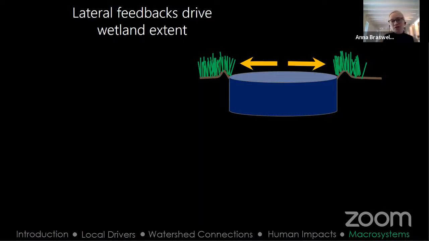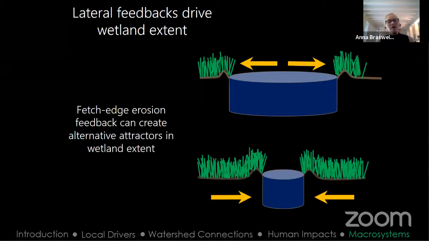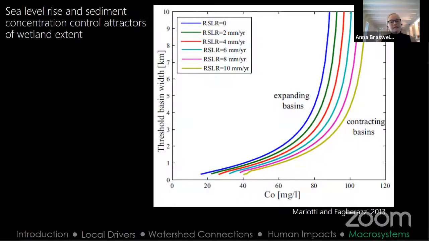One, on one side of a critical threshold, leads to rapidly eroding wetlands as those wind waves can eat at the shoreline, and the other, on the other side of that critical threshold, leads to more extensive wetlands where you have smaller open water where the wind waves can't pick up, and therefore you have stable conditions where wetlands can grow. So models have predicted that these critical thresholds exist across basins based on sediment concentration and rates of sea level rise, where you cross from expanding to contracting basins across this threshold based on those variables. And this is work done by Mariotti and Fagherazzi.